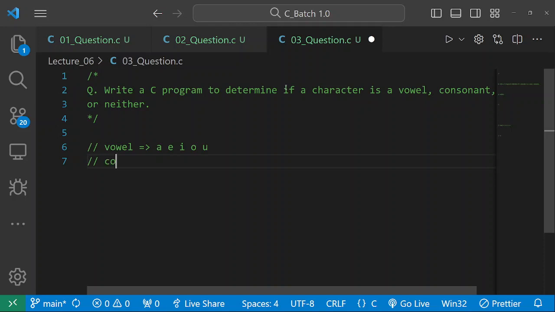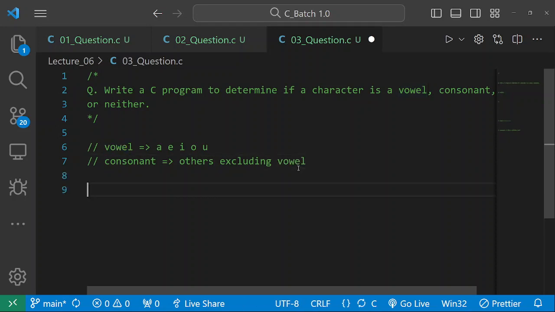And consonant: all others, meaning excluding the vowels, all others are consonants. Remember it this way. If you know this, you are going to tackle this question easily.